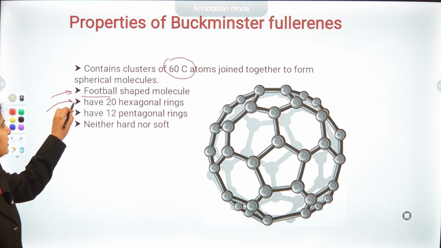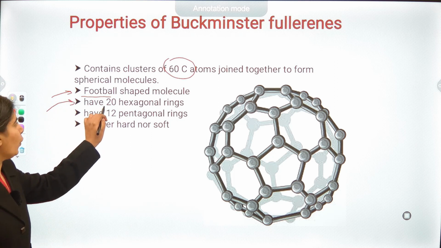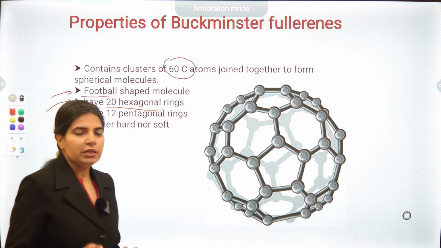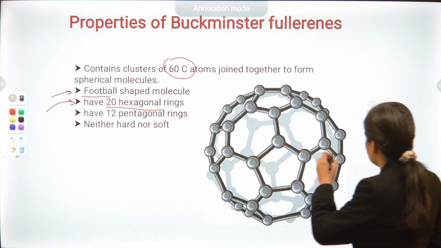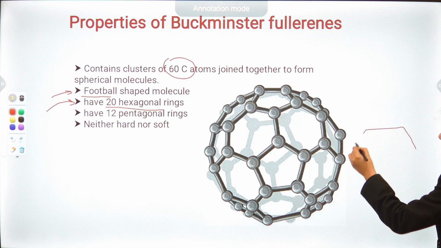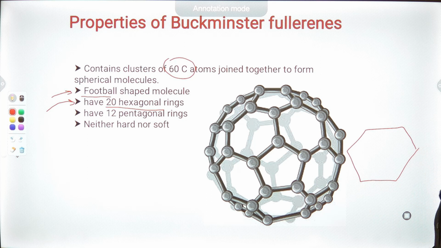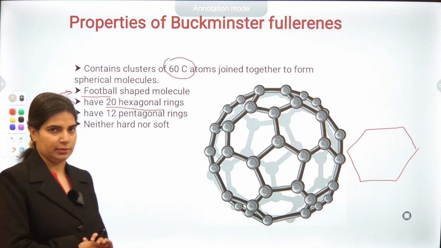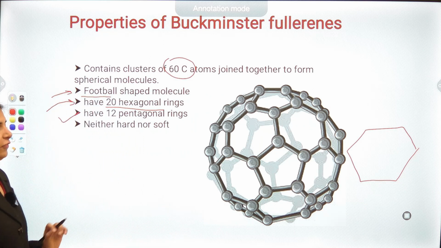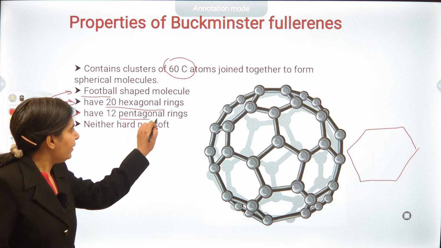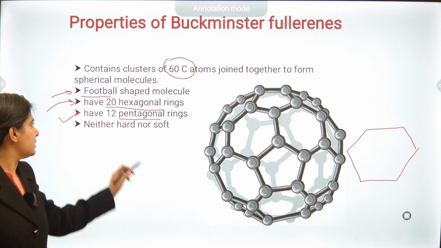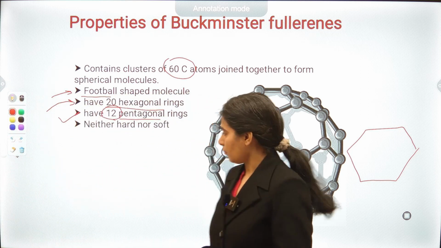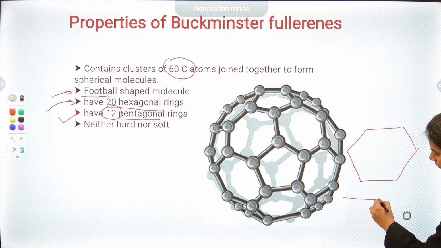The next point is fullerene has 20 hexagonal rings. In fullerene, we can notice 20 hexagonal rings. And if I talk about the pentagonal rings, fullerene has 12 pentagonal rings.